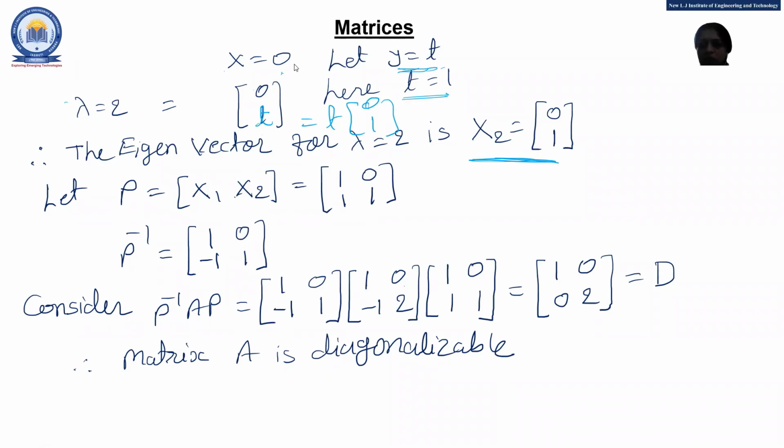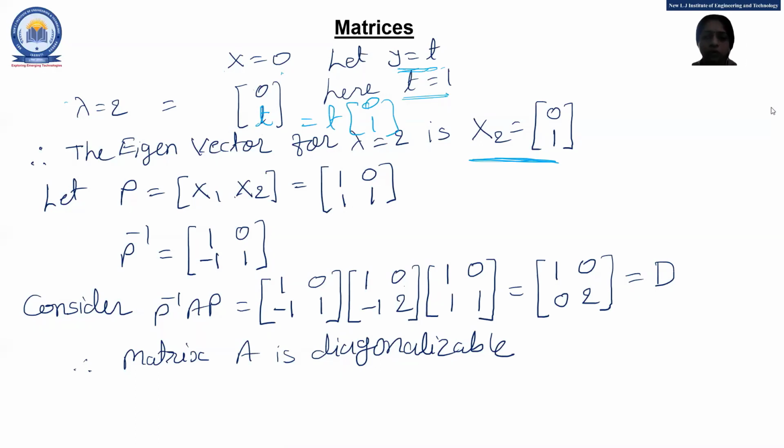Have you any doubt about this eigenvalue and eigenvector? Okay, very good. Thank you, students, for responding. Some students have responded that they have no doubt, and no one is asking any doubt.